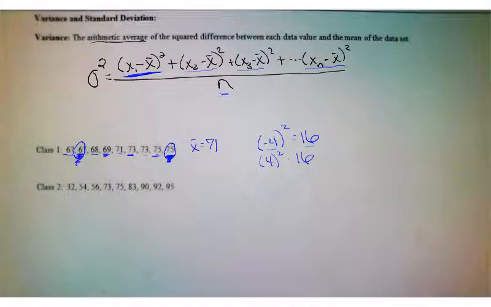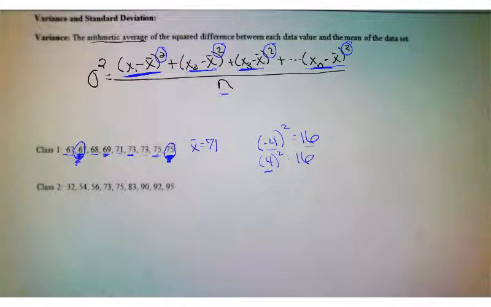Well, if we're going to square the negatives, we square the positives as well, because even though we don't write the positive 4, it is still carrying a direction. So back up to the formula, what are we adding up? We're adding up how far each data value lives from the mean, and the reason we're squaring it is to remove direction.